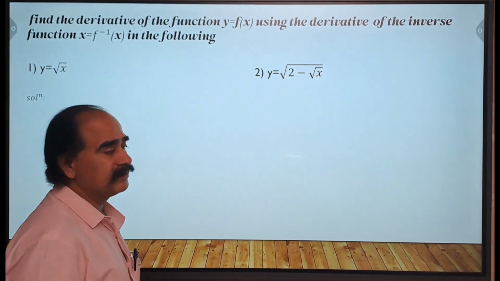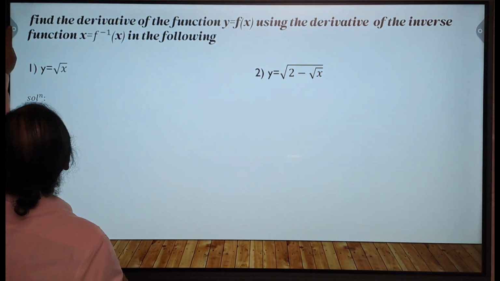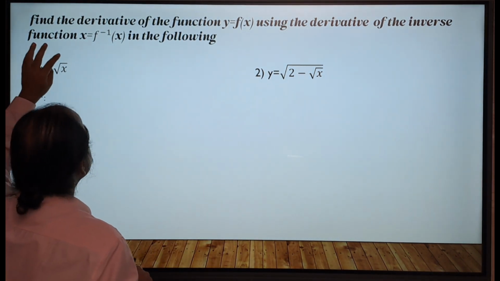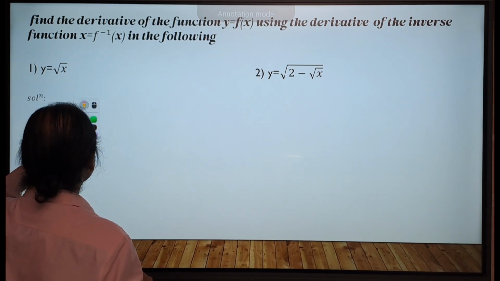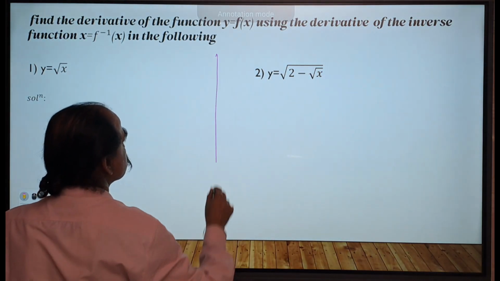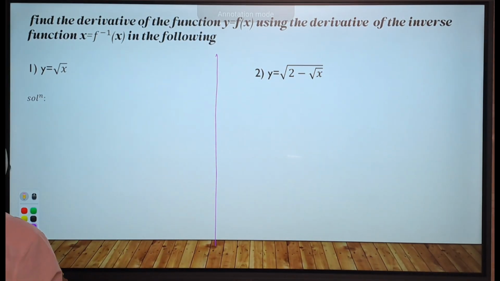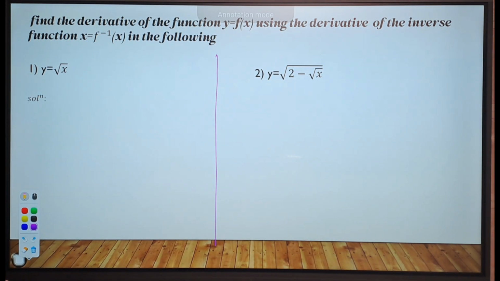Now problems based on derivative of inverse function. First, we need to find out x in terms of y, and then we have to differentiate.